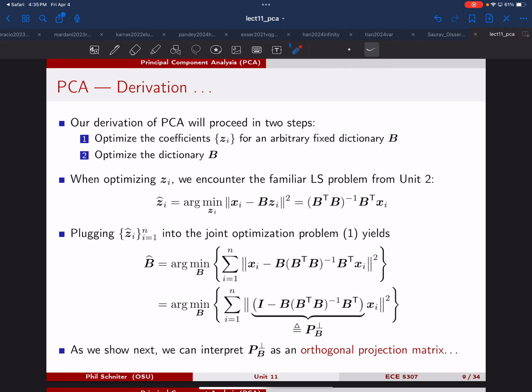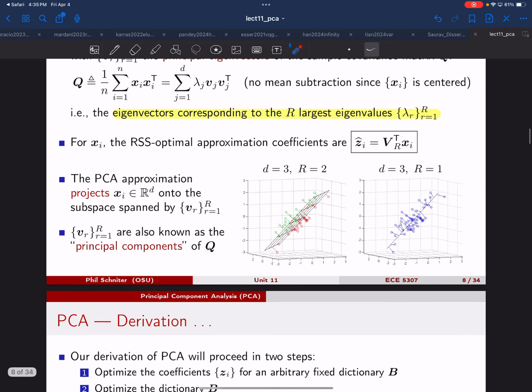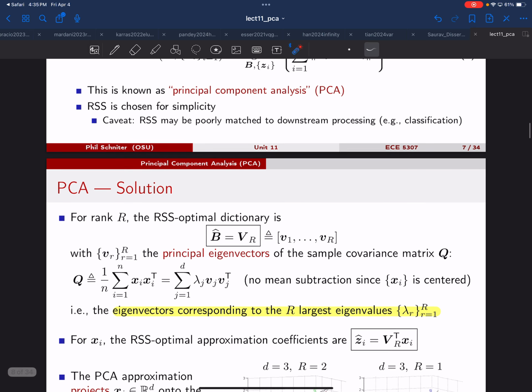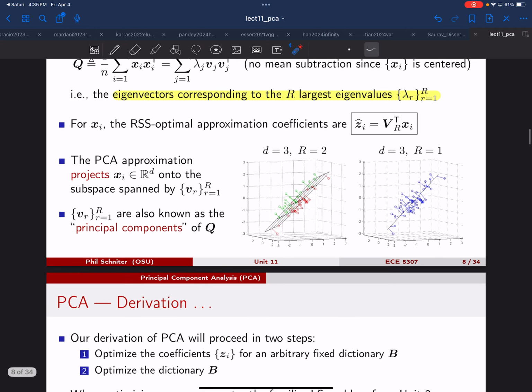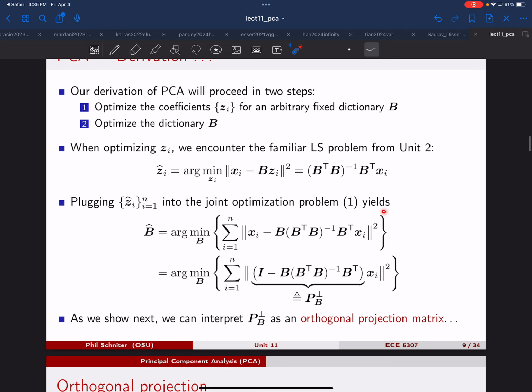We take this result and we plug it back into our loss function. So our loss function, if you remember, was this one. Now that we solved for zi, we plug that in here, and then the new loss function that we get looks like this.